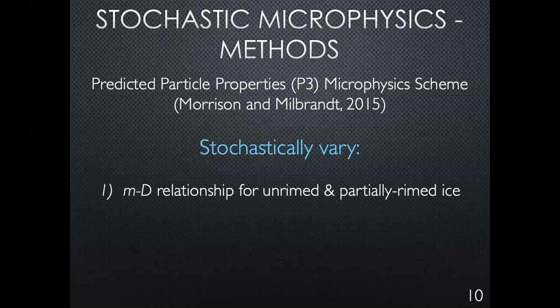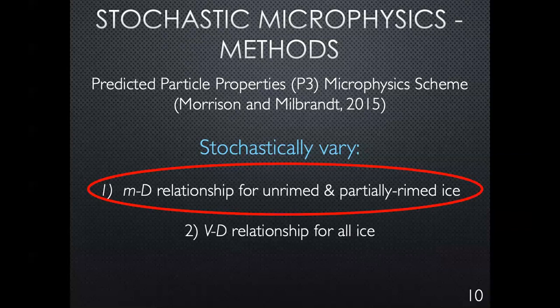Herein we're only going to perturb the mass size relationship for ice with properties that define it as primarily grown by vapor deposition. We also evaluate a stochastic ice fall speed scheme, but for brevity, we're only going to focus on the mass size relationship. At the end, I do have extra slides, and I'm happy to discuss the fall speed scheme if that is of interest.